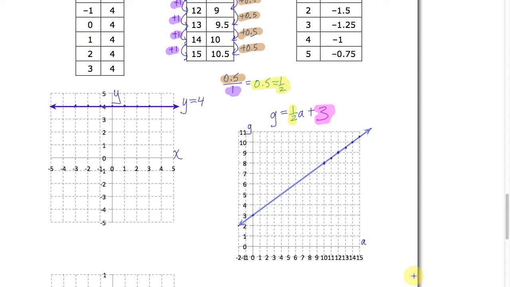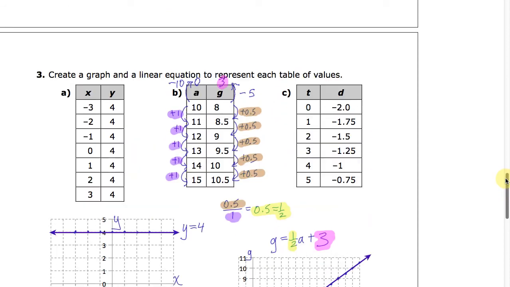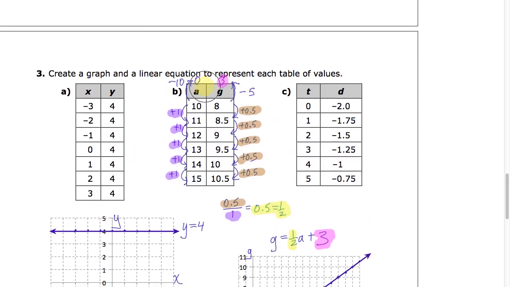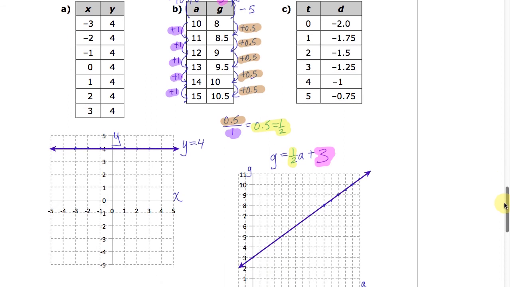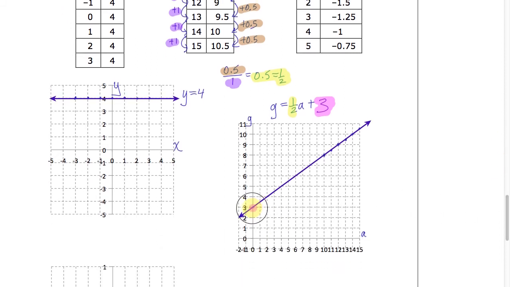A couple of interesting connections to make here with the graph and the equation and the table. So one of the things that's interesting to look at is the fact that this plus something else, this G value when A was 0, is the place where we cross the g-axis.